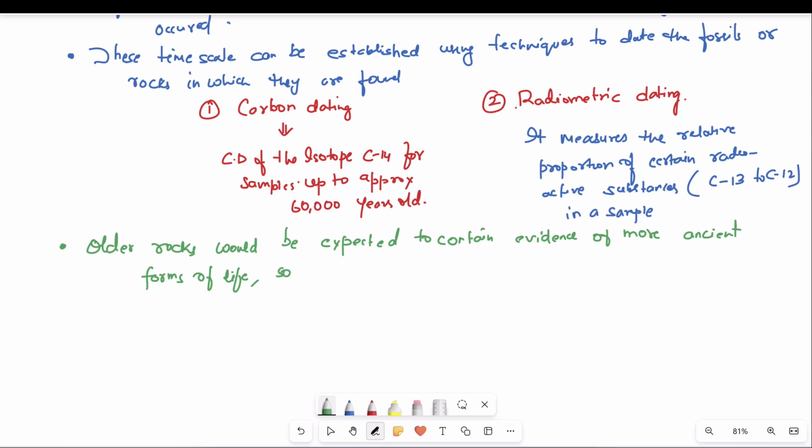So I can say, accurately dating these would predict when life may have originated.